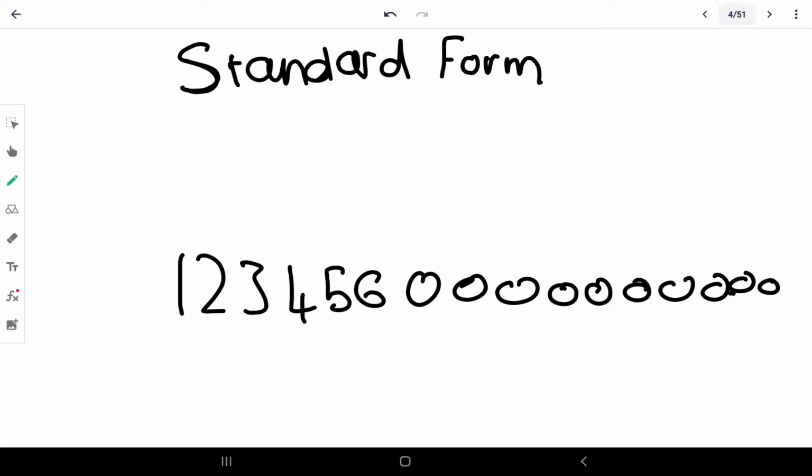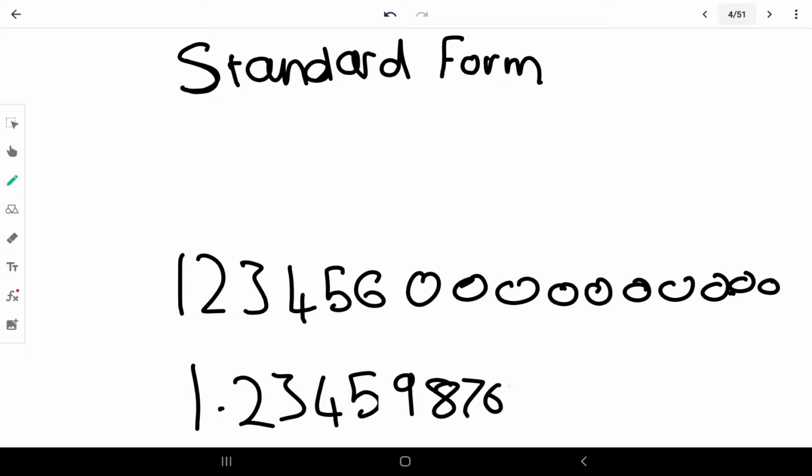This can basically be separated as 1.23456. So it would be 5, 9, 8, 7, 6 times 10 raised to 14.